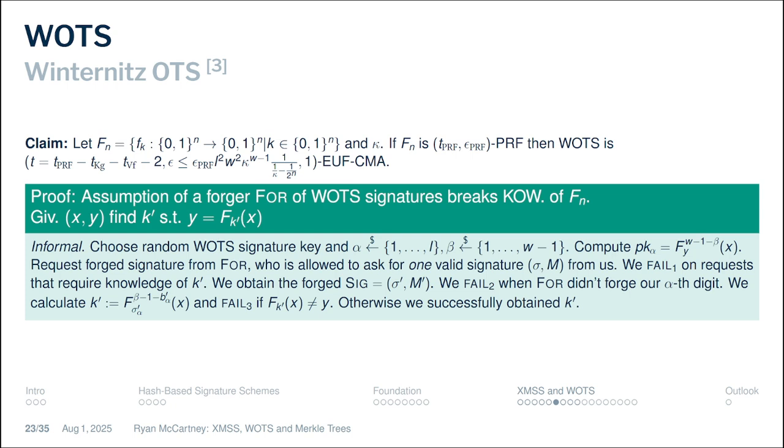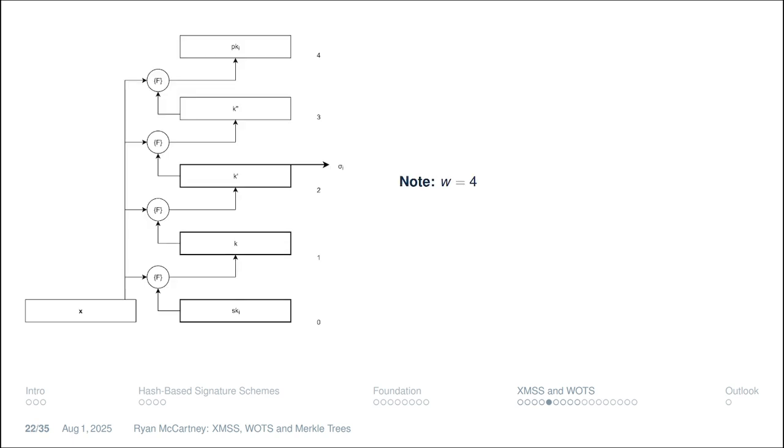Now the forger gives us the signature sigma prime and m prime, and now we have a second failure probability, which is that the forger didn't actually give us a signature which is on this chain before. You can imagine it just like here.